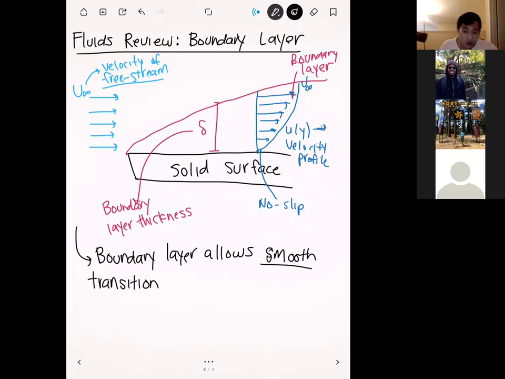At the surface, for the fluid contacting the surface, we have zero velocity, and at the edge of the boundary layer, we have our free stream velocity.